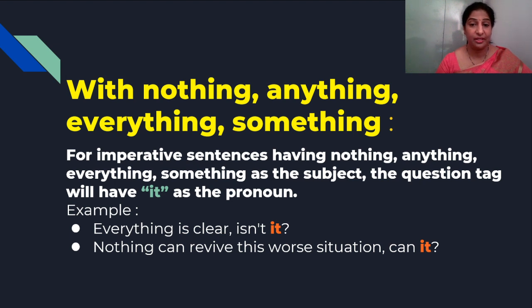For imperative sentences having nothing, anything, everything, something as a subject, the question tag will have it as the pronoun. So you can see in the examples, everything is clear, isn't it? Nothing can revive this worst situation, can it?